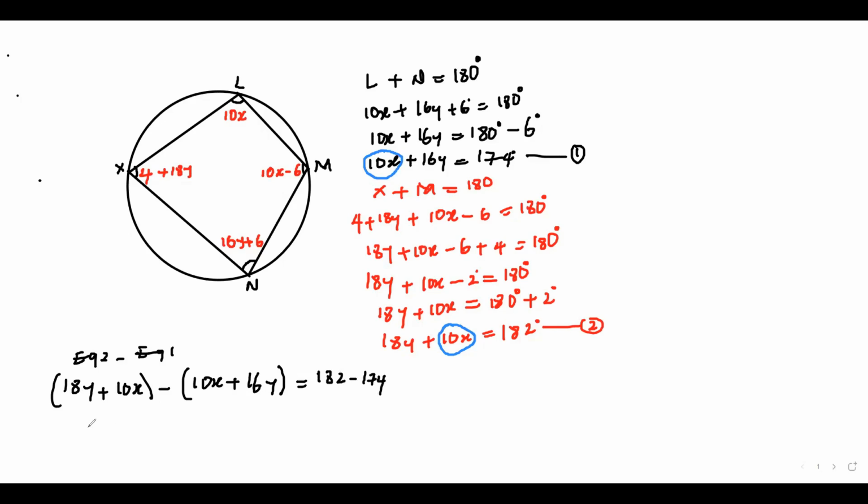Beautiful. All right, so if I open this bracket, I have my 18y, and at this part I'm going to have minus 16y. So I have 18y minus 16y, and here I'm going to have 10x minus 10x, which is equal to, if you subtract this, 8. Beautiful. So 10x minus 10x goes, and 18 minus 16 is equal to 2.